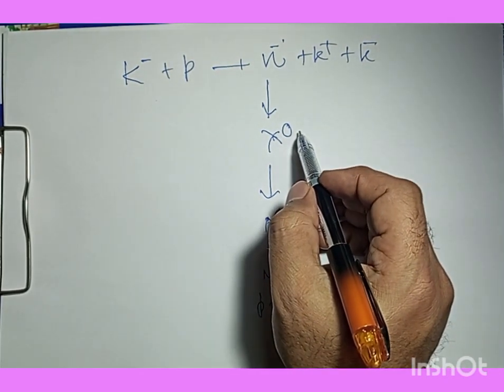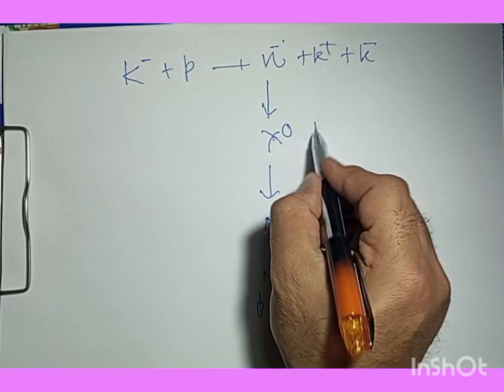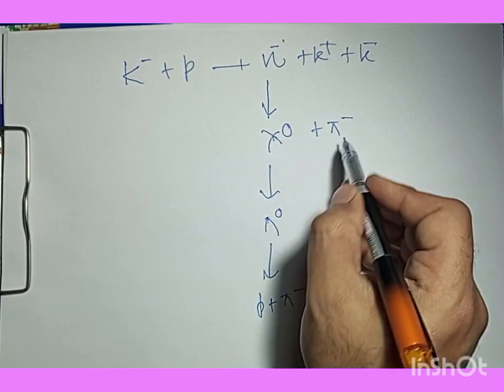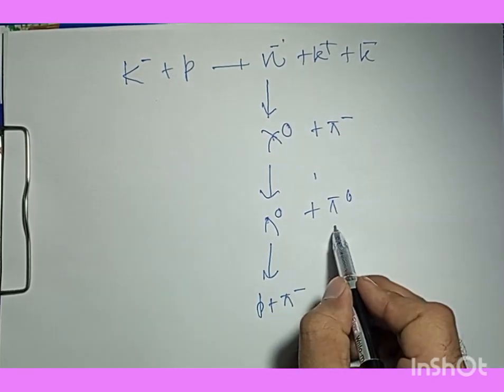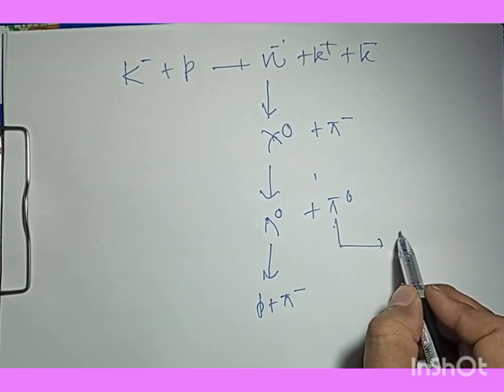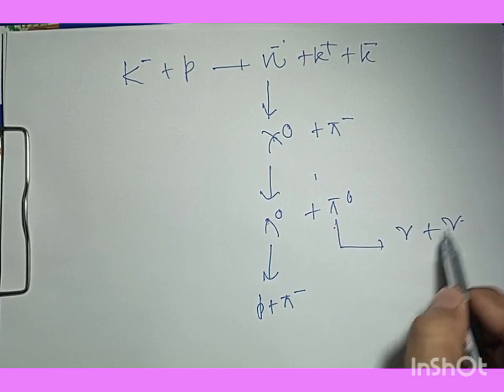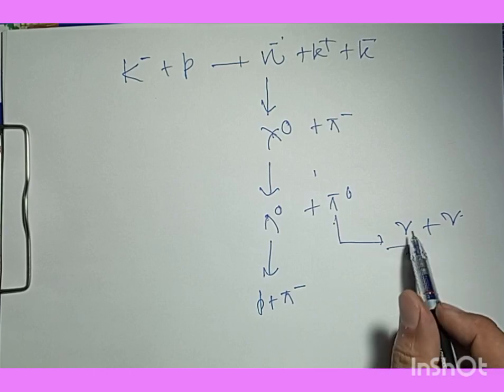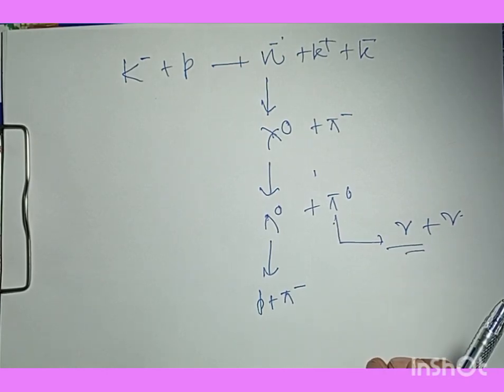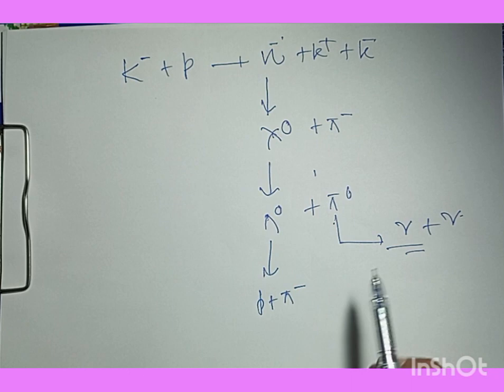And here this should be chi neutral plus pi negative, and here I will have pi 0, and this pi neutral decays into two gamma ray photons. And these two gamma ray photons, when they interact with matter, give two couples of electron positron.